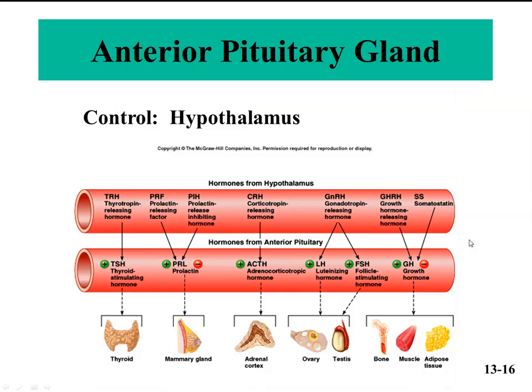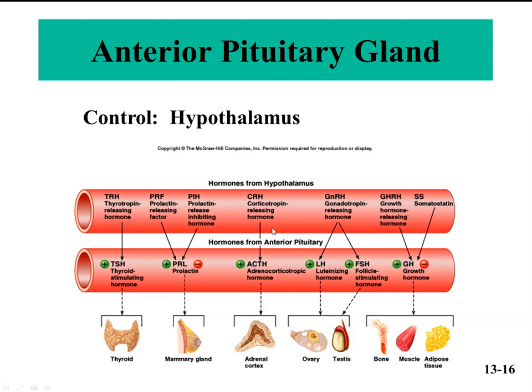Okay, so let's talk first about the anterior pituitary gland. The anterior pituitary gland is controlled by the hypothalamus. The hypothalamus releases either releasing hormones or release inhibiting hormones.